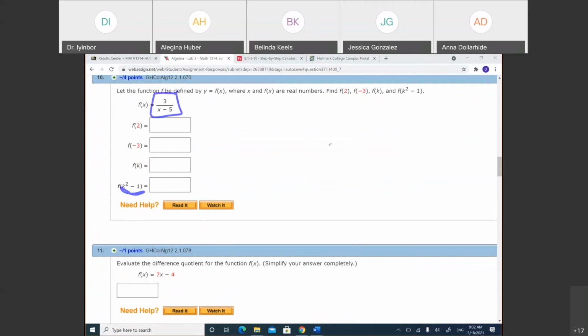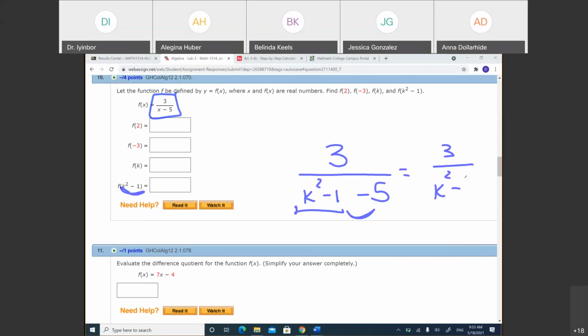In the place of x, I'm going to put k squared minus 1, that's the x, minus 5. I'm following the function over here. Then I'm just adding negative 1 minus 5, so it's going to be 3 over k squared minus 6. So this is going to be my answer.